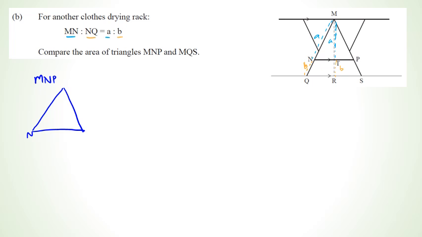I've got NP, and I have the height, which has a ratio of A. So the area of this triangle is going to be half times the base, which is NP, multiplied by MT.